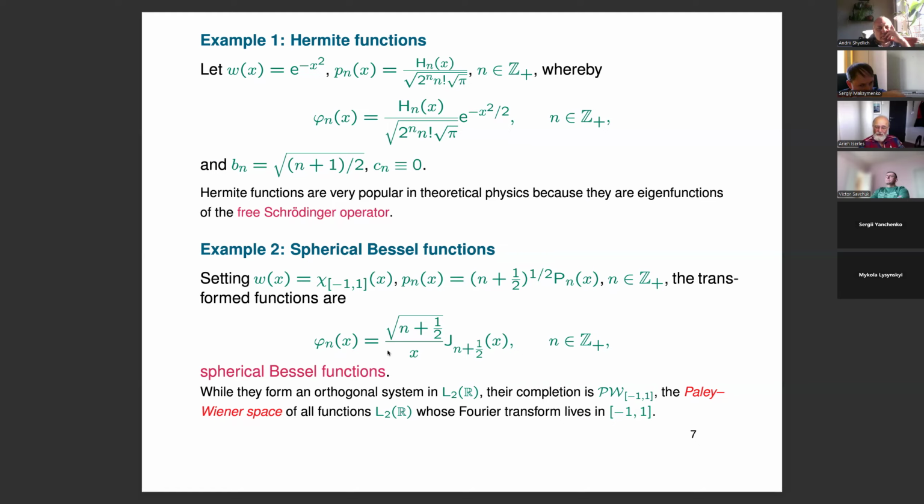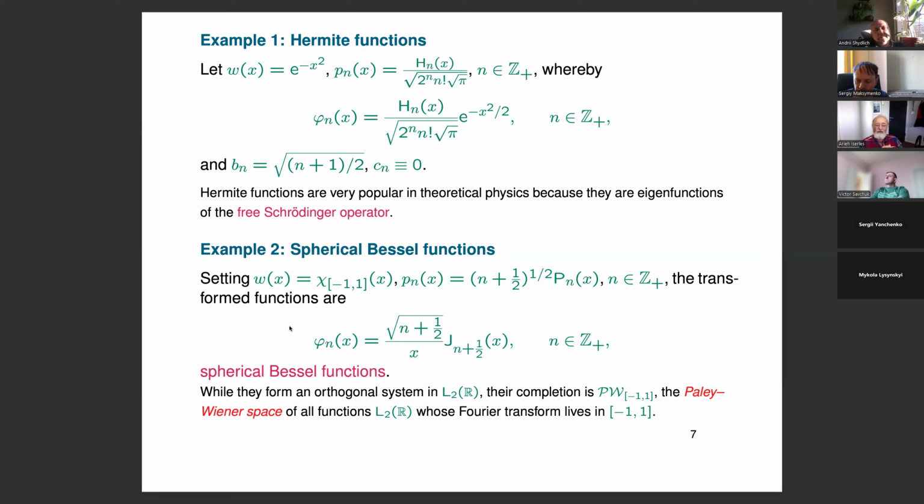It is not well known, but easy to prove, that spherical Bessel functions form an orthonormal system in L2. They form an orthonormal system in L2 with a skew-symmetric tridiagonal differentiation matrix.